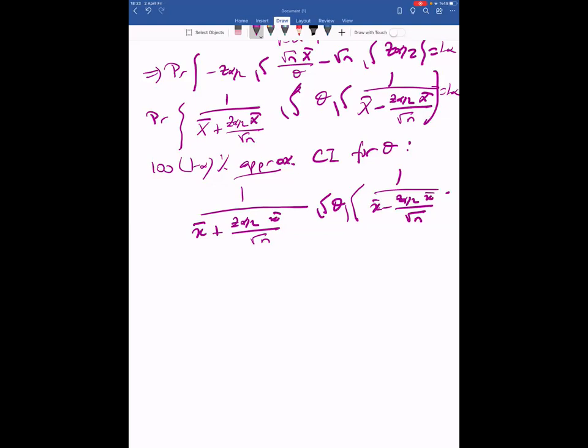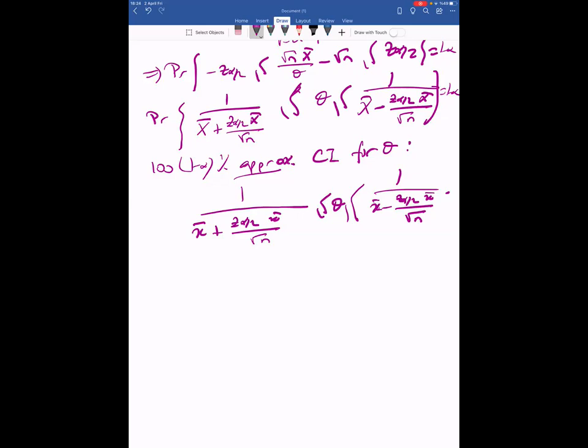So another approach is to think about a transformation which makes the variance of a random variable free from unknown parameters, so that we have a constant variance.